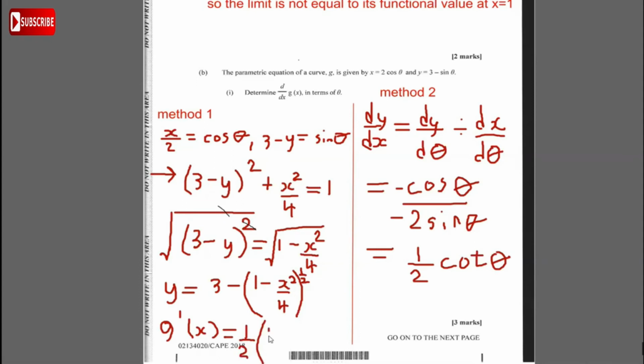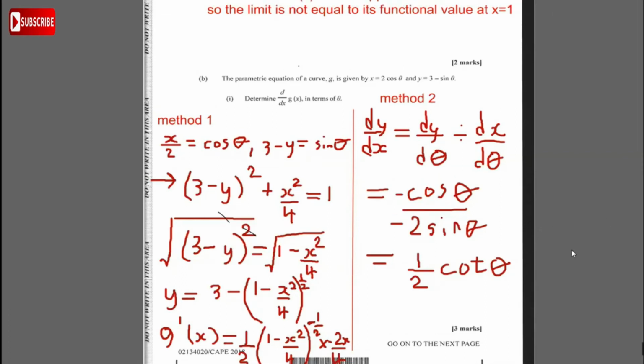So you're going to get 1 minus x squared over 4, and you subtract 1 from the power to get minus a half, times the derivative inside the bracket, and the derivative inside the bracket is times minus 2x over 4. That's g prime of x. And you might say, so how are you going to get it to look like this? Don't worry, we'll get to that.